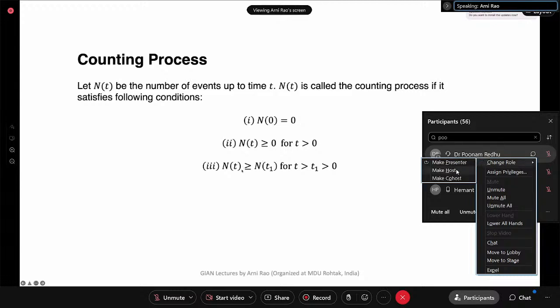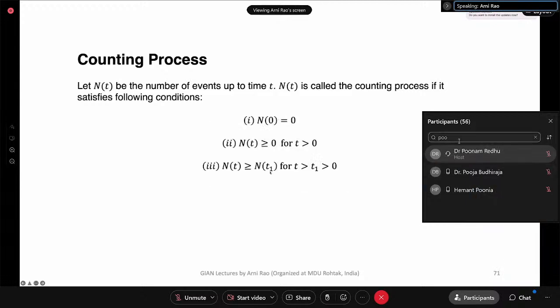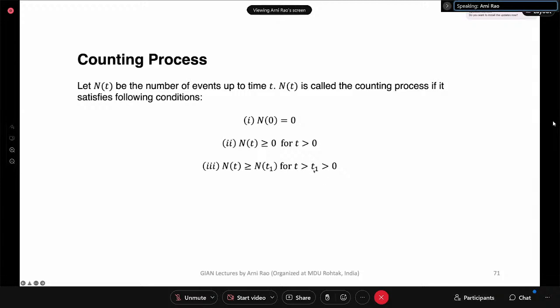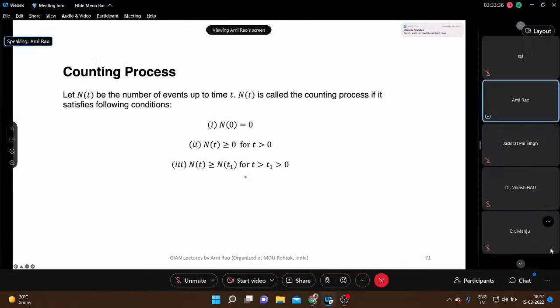Nt is greater than or equal to Nt1 for t greater than t1. That means the number of events at a later time point is greater than or equal to the number of events at a previous time point.